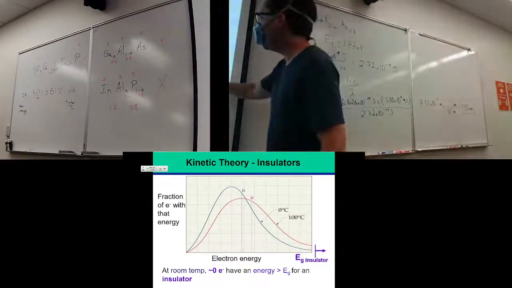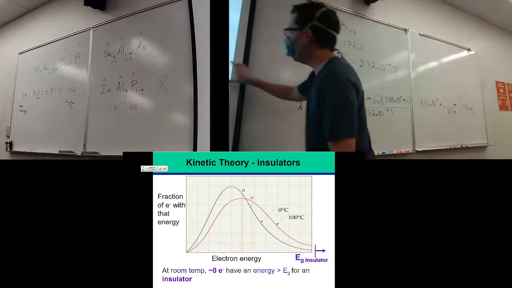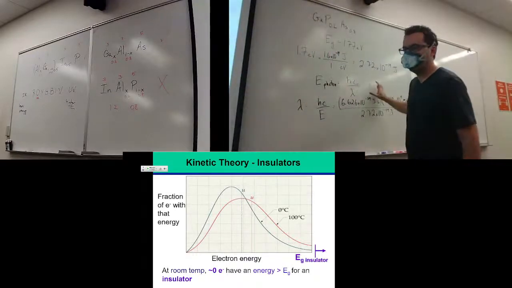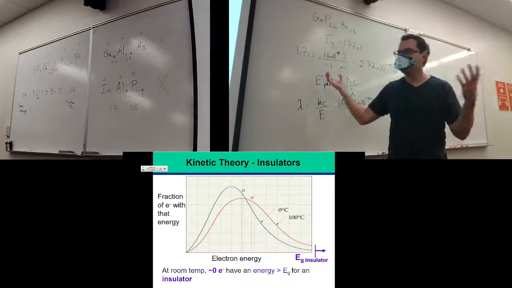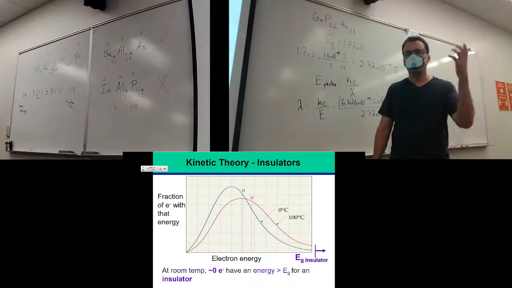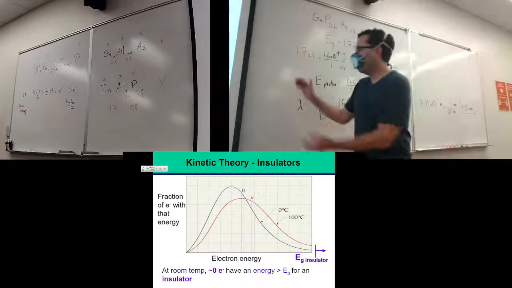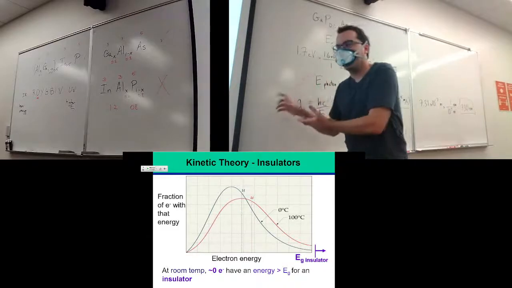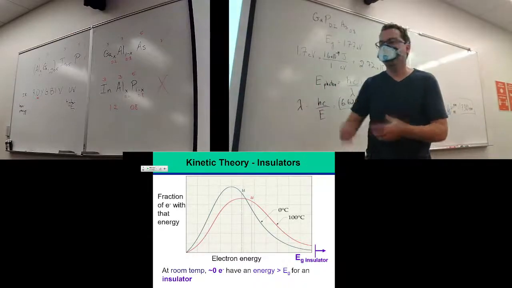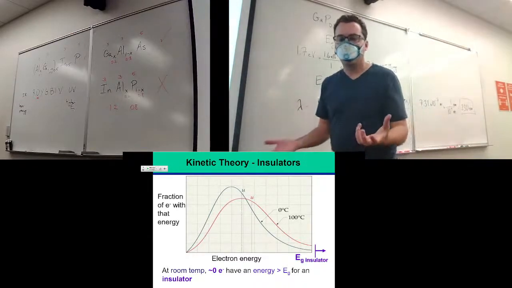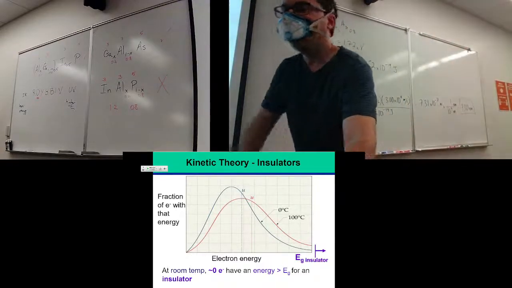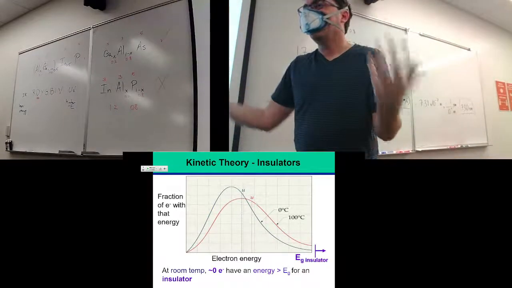But when I place where the band gap is, it's going to be way over here. It's not even on the screen because it's going to have a band gap that's like twice as large or something like that. And if you were to think, well, how many of those atoms have the right energy to bridge that gap? Practically none, right? Very, very, very few. And even if I increase the temperature, still not going to help.